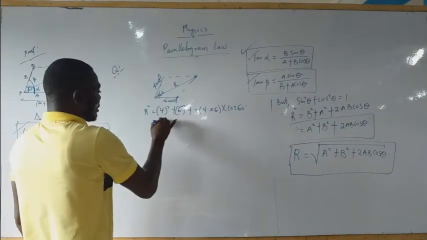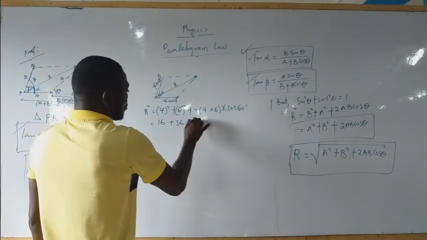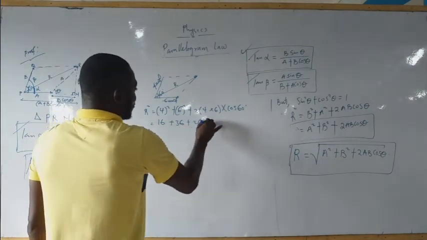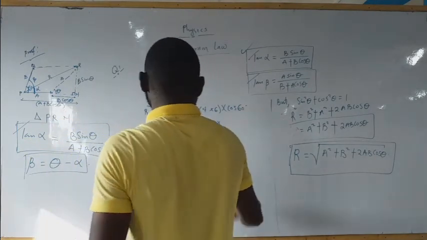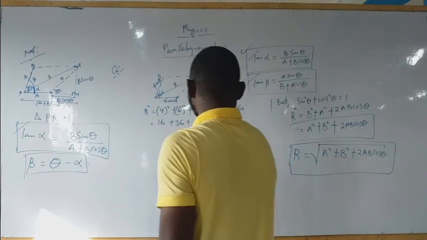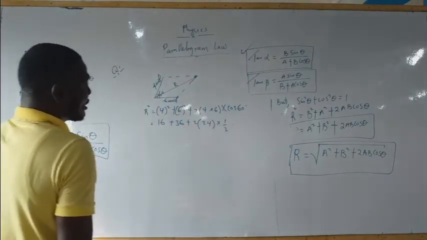This will give you 16 plus 36 plus 2 into bracket 24 times cos 60. Cos 60 degrees is 1 over 2.